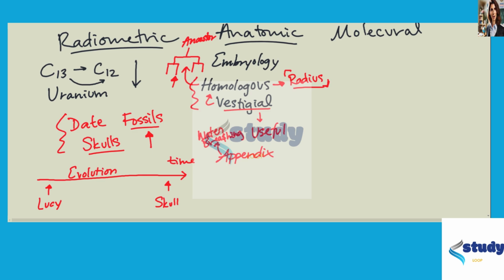Embryology is important to anatomical evidence because we share some very significant qualities between different organisms. Some organisms will develop from an egg, and of course some will give live birth.